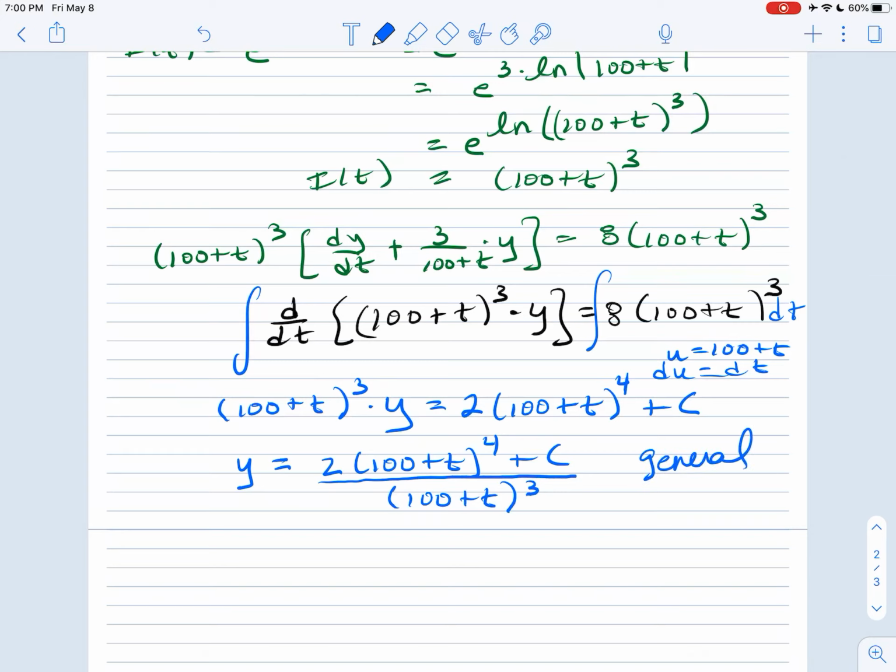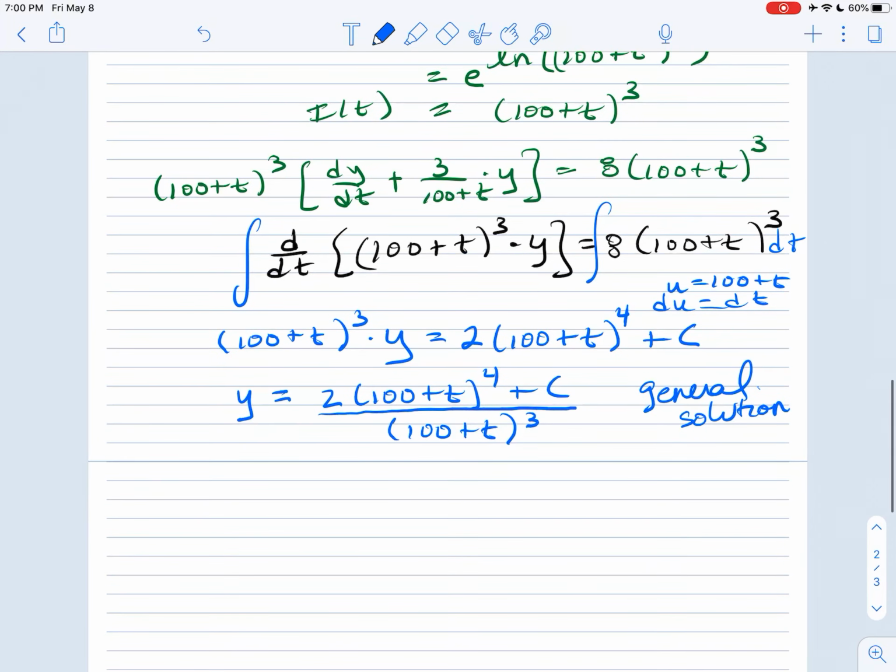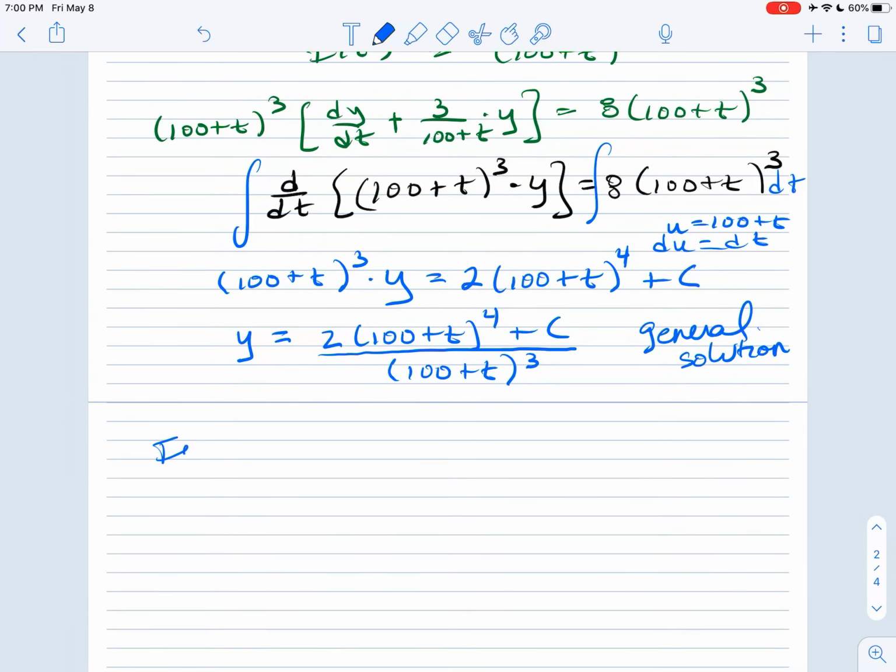Good. That is my general solution. So now I can use that as a family of functions, as a general solution to the mixing process here, but now I want to return to the initial conditions, and my initial values were that at time t equal to 0, I had 40 pounds of salt in the tank.